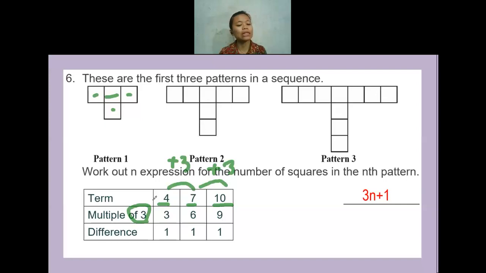Because there are only 3 terms, we just have to find 3 numbers. After we get the multiples of 3, we check the difference. To find the difference, you just subtract the multiple from the term. So 4 minus 3 equals 1. 7 minus 6 equals 1. 10 minus 9 equals 1.